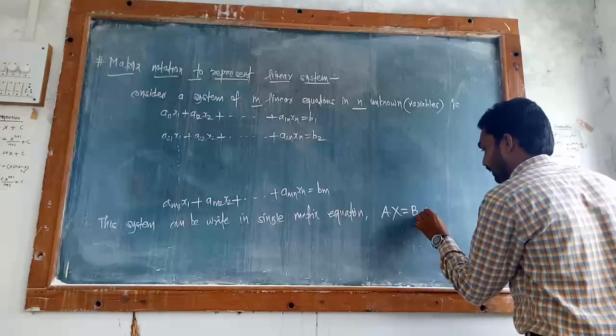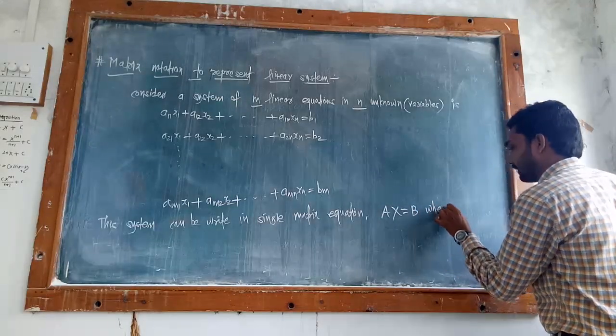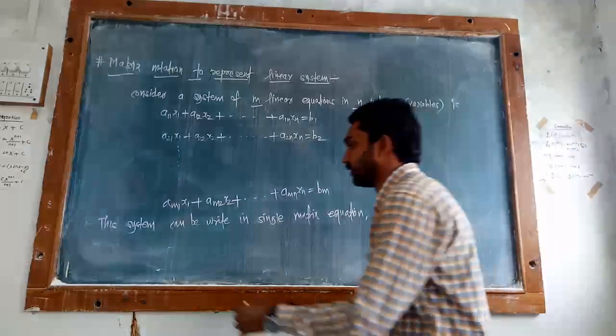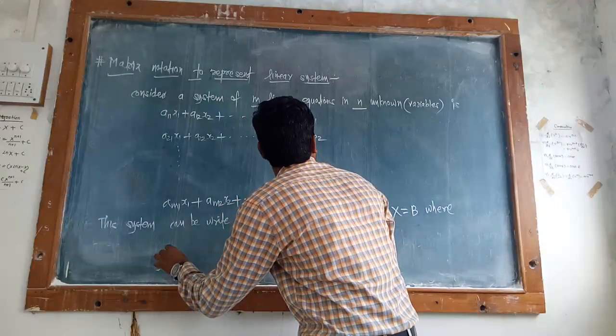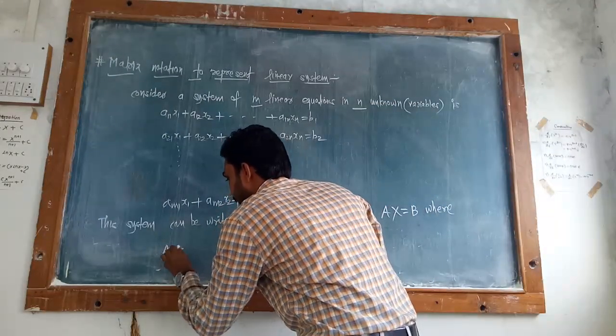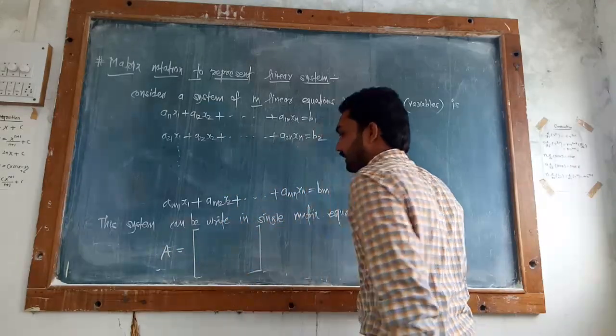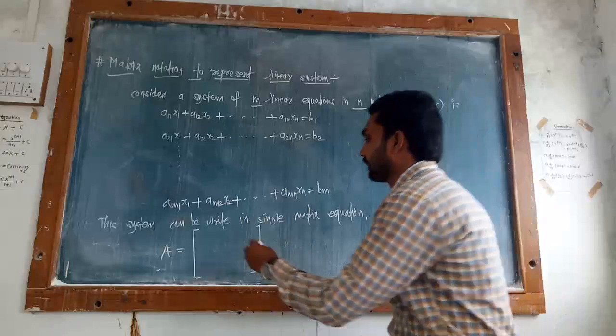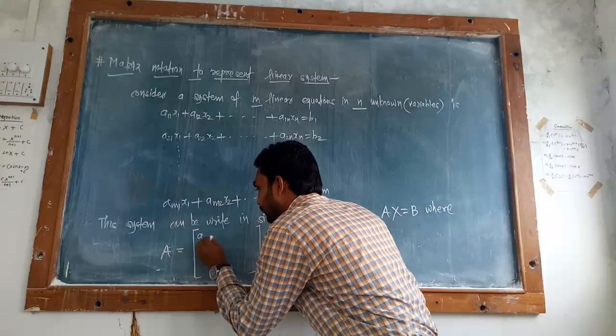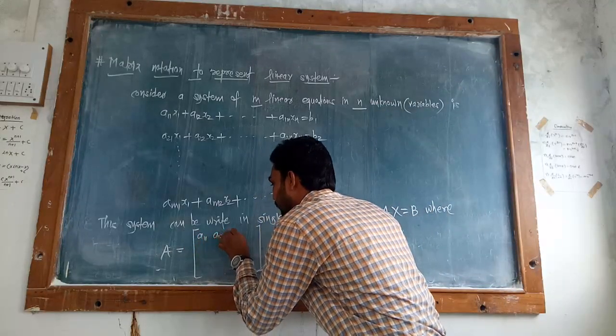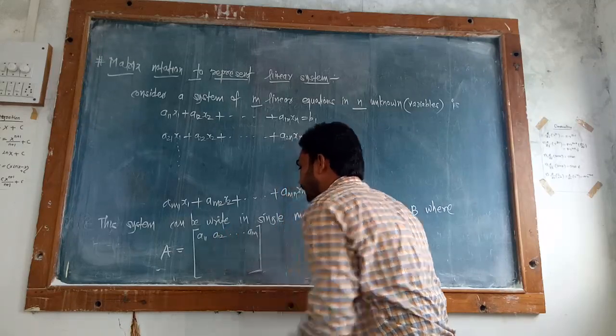Where capital A is, what is your capital A? This is your capital A. What is the first row? The first row is a11, a12 up to a1n.